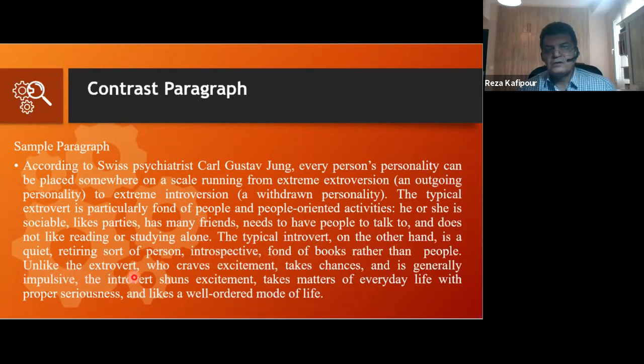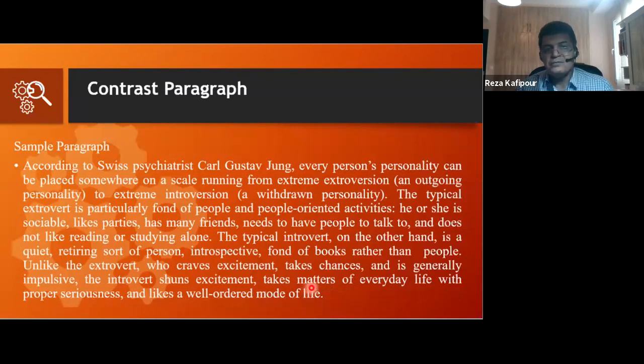Unlike the extrovert, who craves excitement, takes chances, and is generally impulsive, the introvert shuns excitement, takes matters of everyday life with proper seriousness, and likes a well-ordered mode of life.